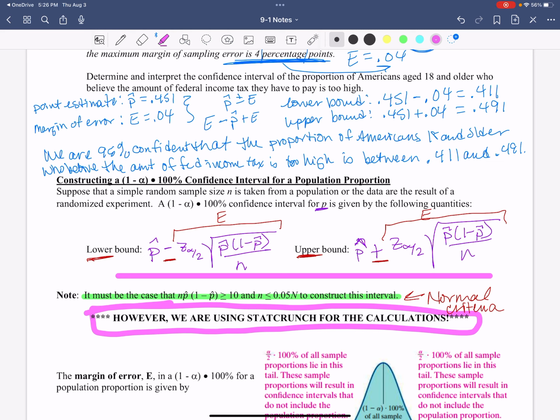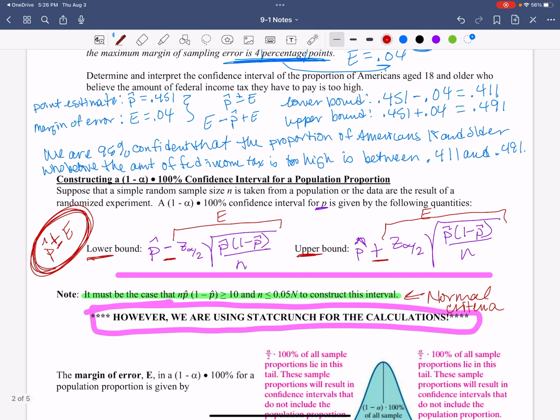This is still p hat plus or minus the margin of error. That's the concept you need to get down pat. Then we're just going to use StatCrunch so that we don't have to use these great big formulas. It's going to plug that out for us. But the concept, you really got to get that concept.